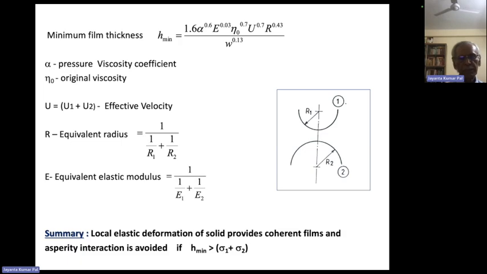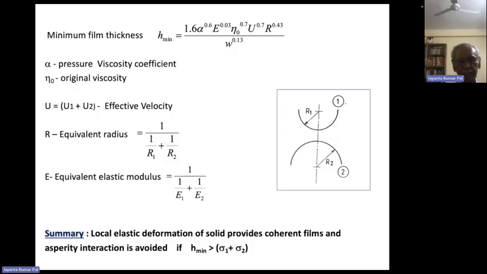So we can see that the combined roughness between the two surfaces, sigma 1 plus sigma 2, where sigma 1 is the standard deviation of surface 1 and sigma 2 is the standard deviation of surface 2, must be lower than the minimum film thickness to avoid contact.